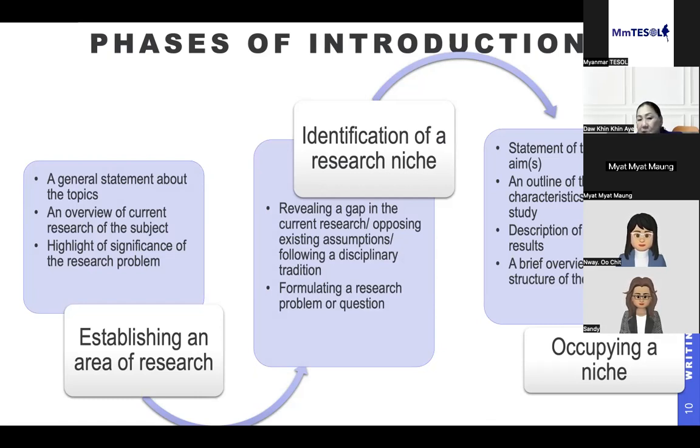Because we already have the overview of current research and have highlighted how important the research problem is, this is where you can highlight or reveal a gap in the current research, or oversight of existing assumptions following a disciplinary tradition. This is where you can state your research problem.